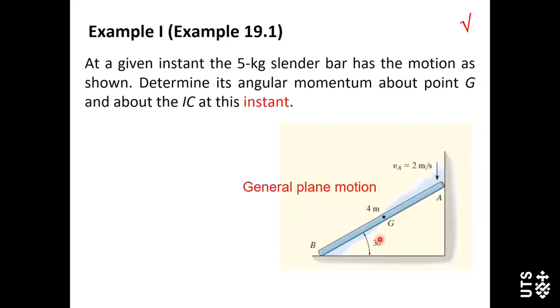This bar is falling down, and we know this is general plane motion. We already know the velocity at point A. How do we determine the angular momentum of this slender bar about point G and about its instantaneous center of zero velocity at this instant?